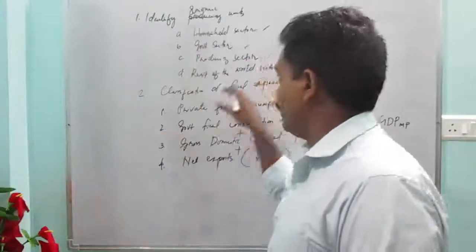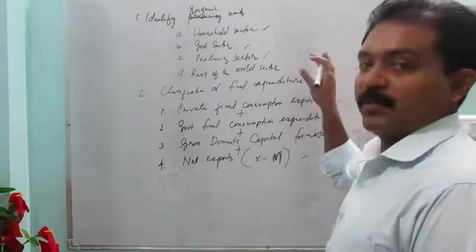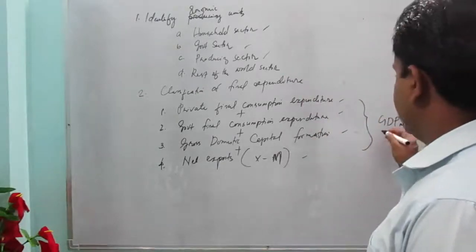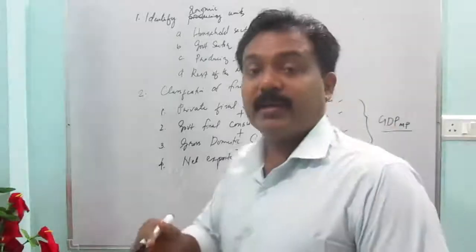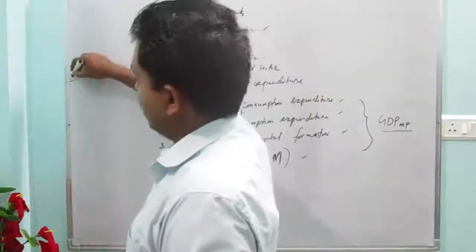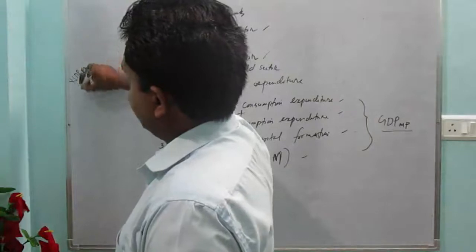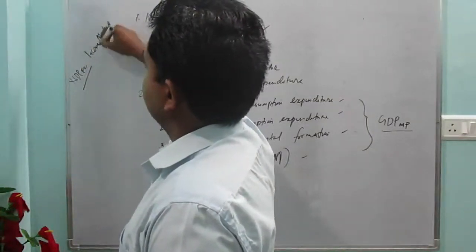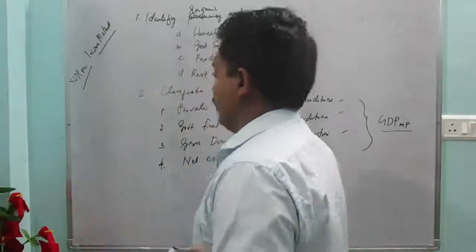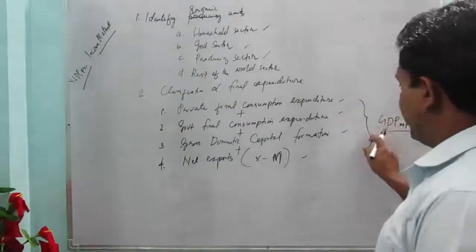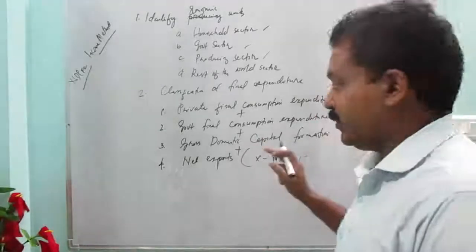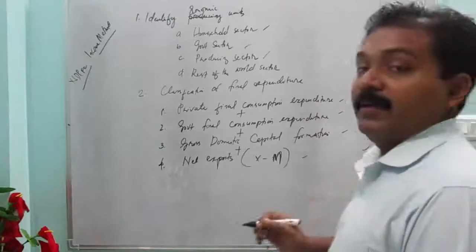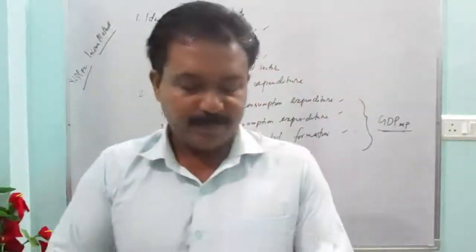In the other two methods, value added and expenditure method, after the first step we will reach GDP MP only.